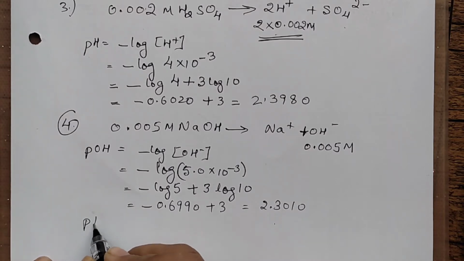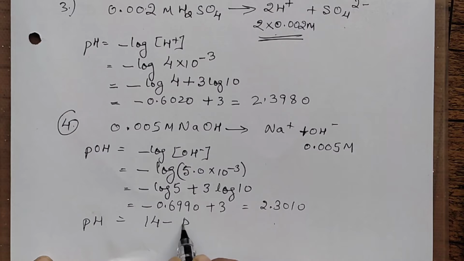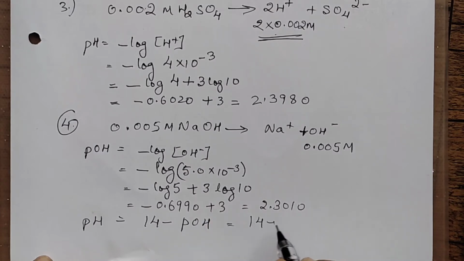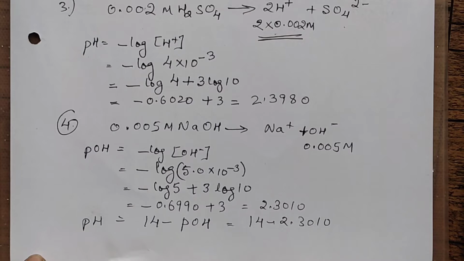Then you will have to calculate pH, where pH is equal to 14 minus pOH. So you will write 14 minus 2.3010. So you subtract it, you will get it as 11.6990. Got it?